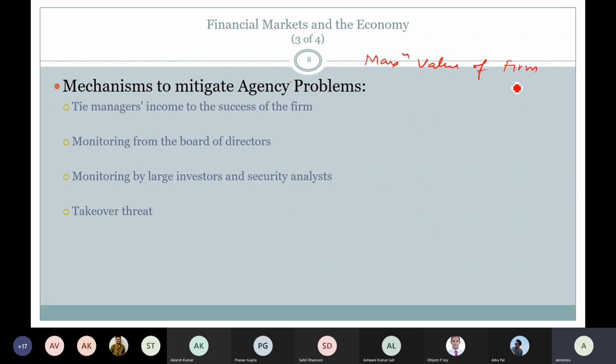We never say that the manager should maximize the wealth of the company. We say value of the firm, and when we say value, we are saying that good practice and better governance, at the same time wealth creation should also take place, right?